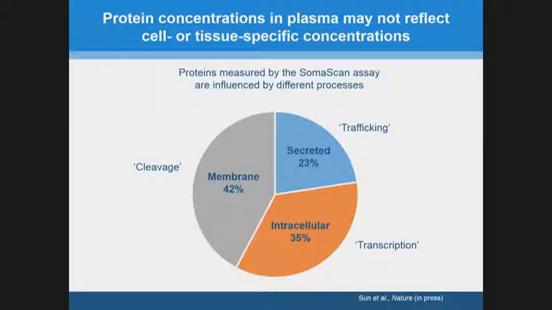And of course, the reason for that is that the origins of proteins come from a number of different aspects of biology. And I think it's important that as we take some of these assays into large-scale epidemiology, we're not, as epidemiologists, biologically naive in interpreting these associations.